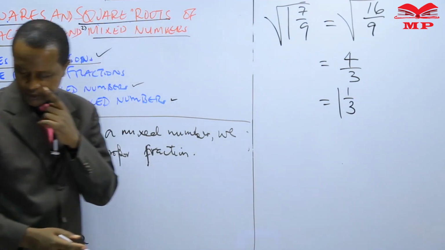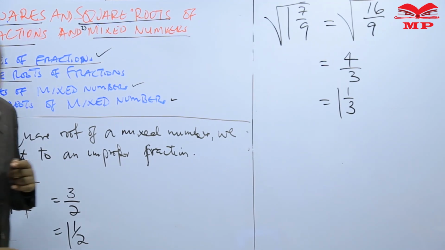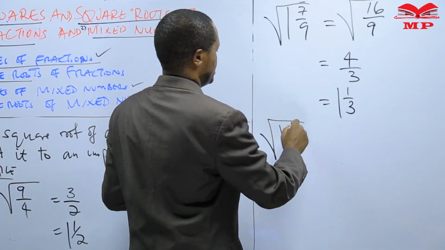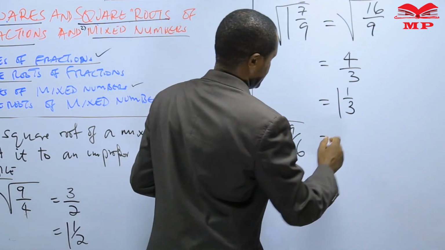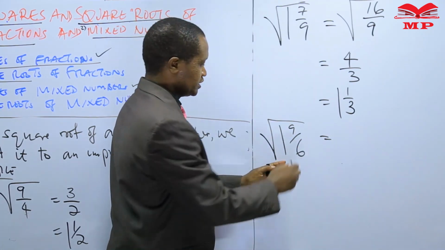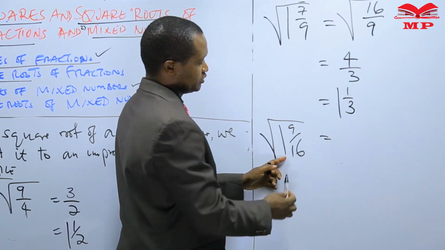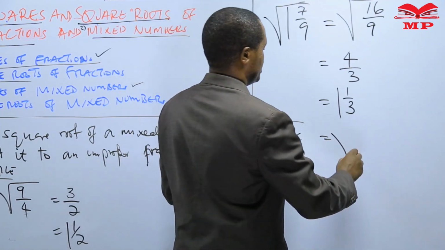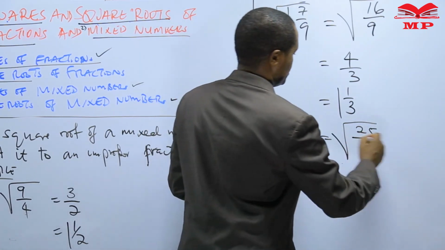Then our last example, we will take question 4c, the square root of 1 and 9 over 16. Convert this to an improper fraction. 16 times 1, 16, plus 9, 25 over 16.